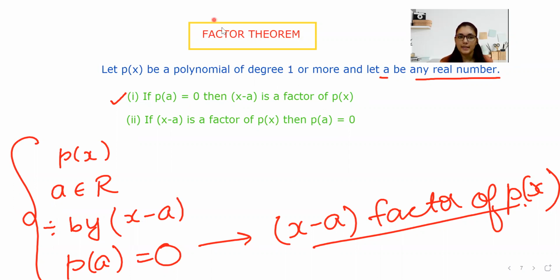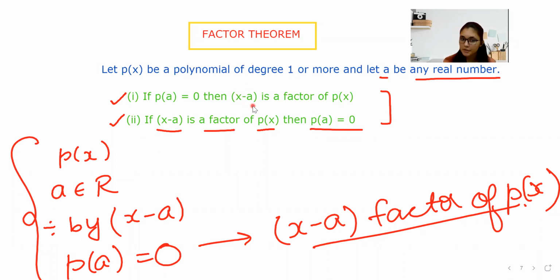The second statement is the converse: if x minus a is a factor of polynomial p(x), then surely its remainder is 0, so p(a) is 0. You can make use of these two statements and find the factors. In case of a polynomial, the factor will be x minus a, because we are dividing our polynomial by x minus a.